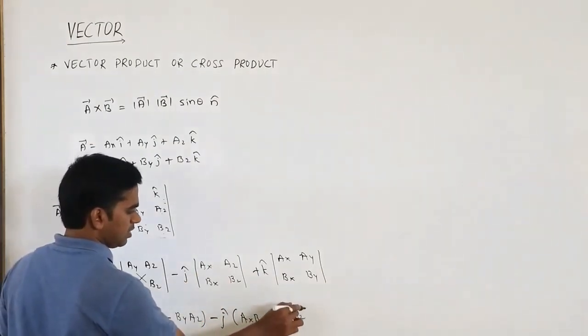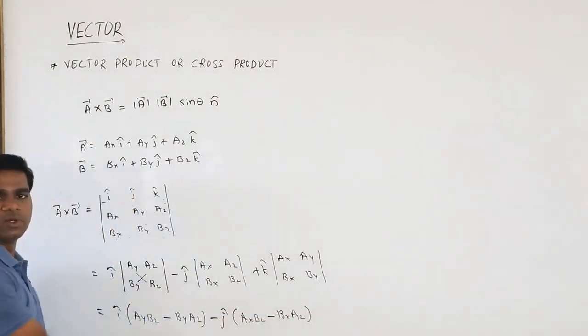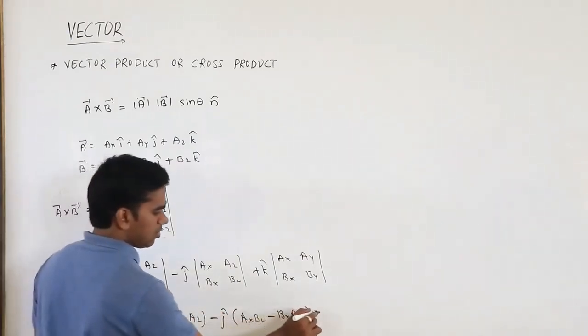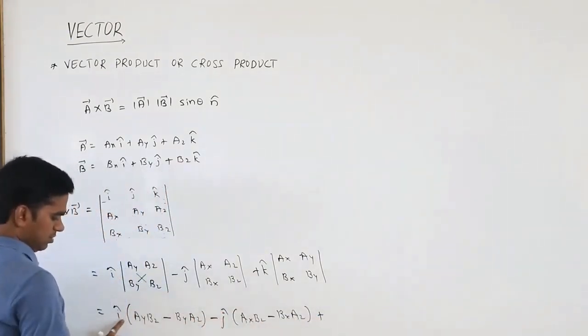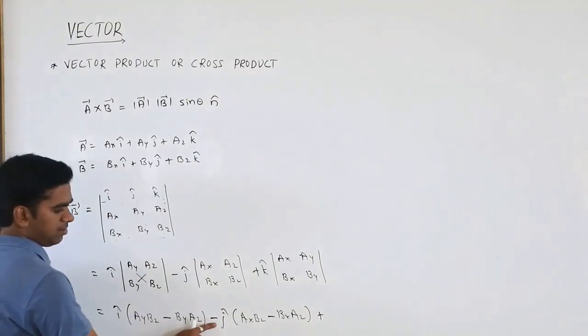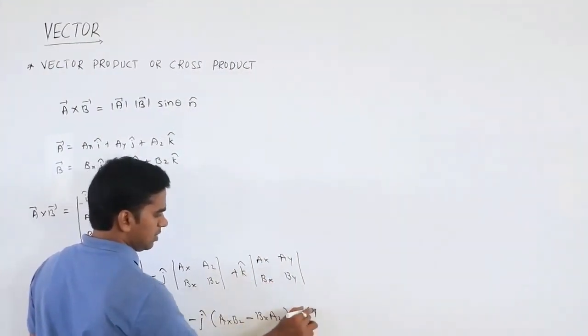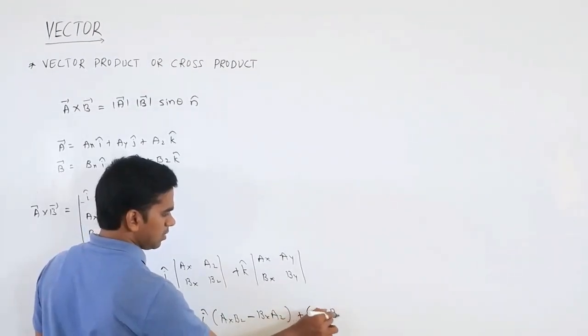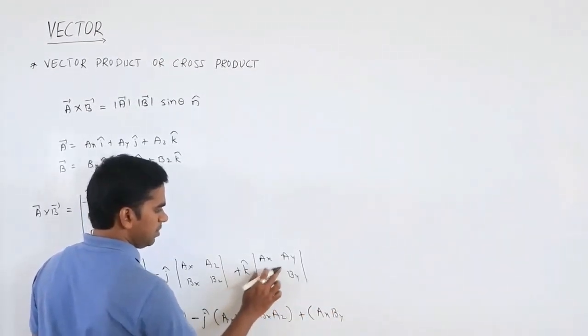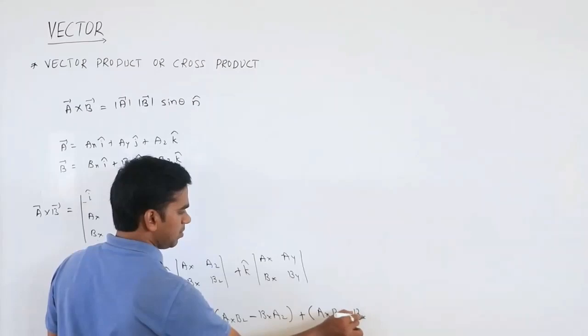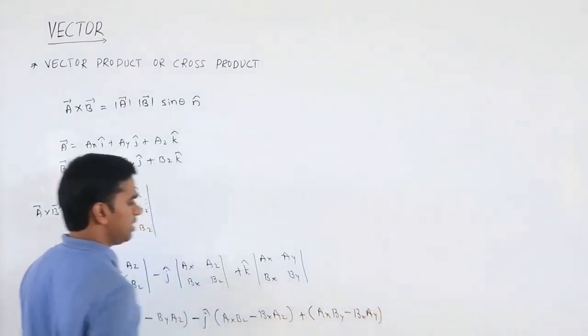What about k? Now again you have to take plus: first plus, then minus, then again plus. So ax, by, then minus bx, ay, or ay, bx, no need to worry about that.